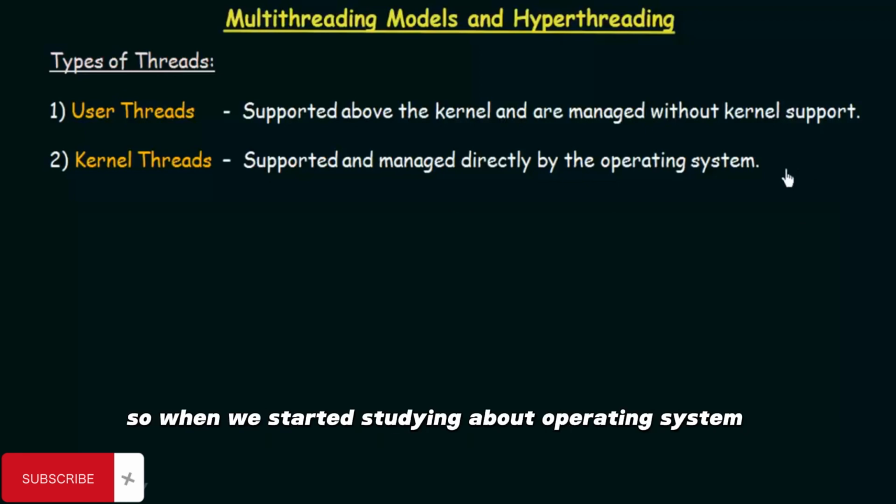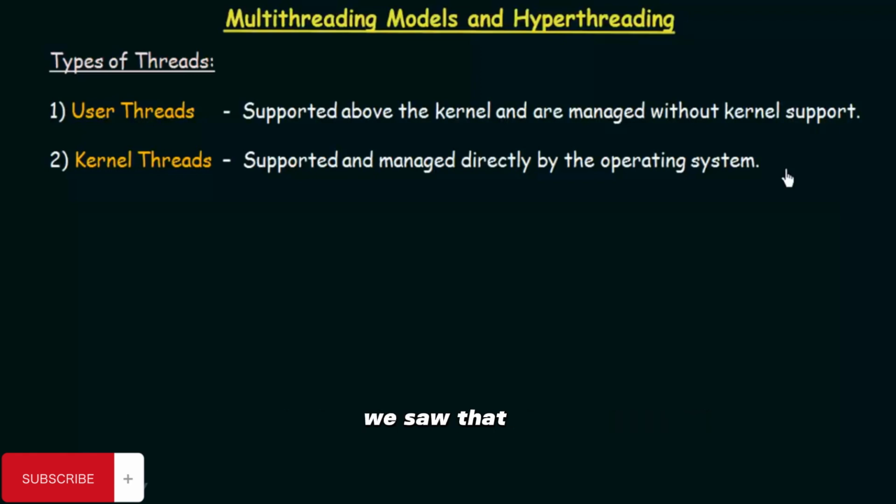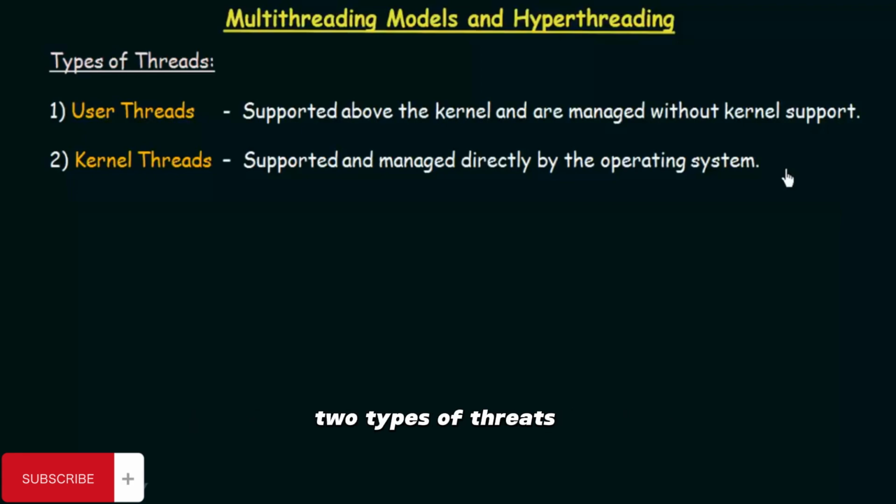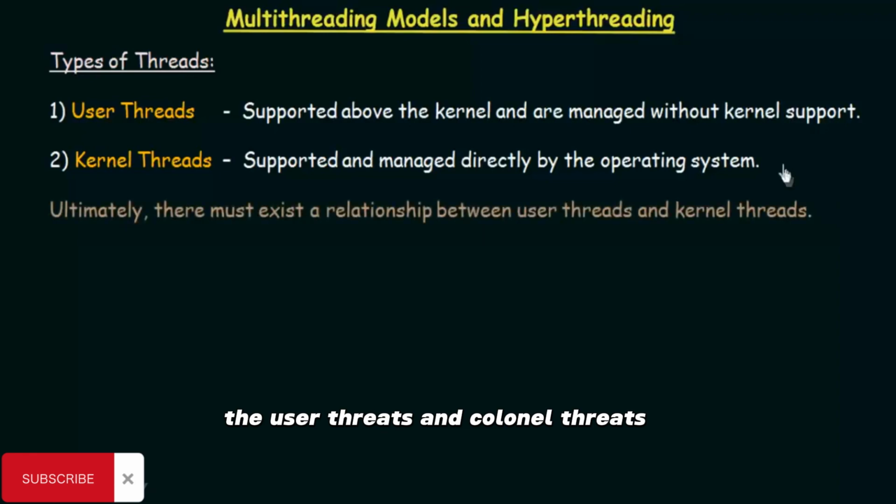When we started studying about operating systems, we saw that the users are constantly interacting with the system, and the operating system is what allows this to happen. Since we have seen that there are two types of threads, user threads and kernel threads, for these two to function together, there must exist a relationship between the user threads and the kernel threads.